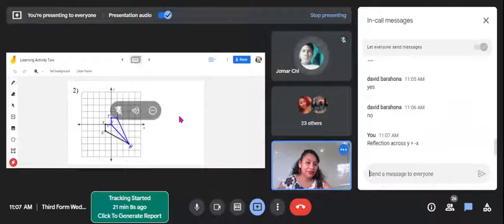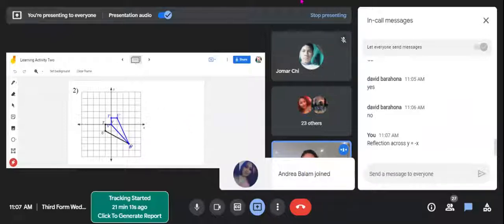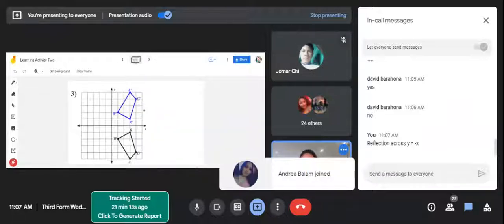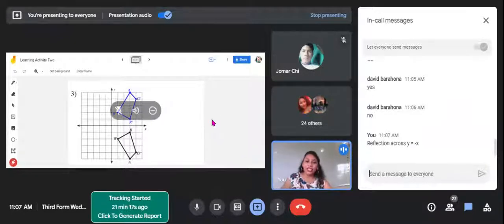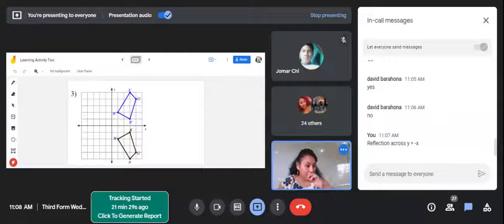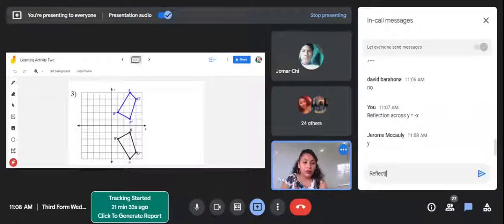Yes, Miss. Okay. Number 8. What reflection is happening here? Just by looking at it, you can tell me where the reflection is happening. Across the x.